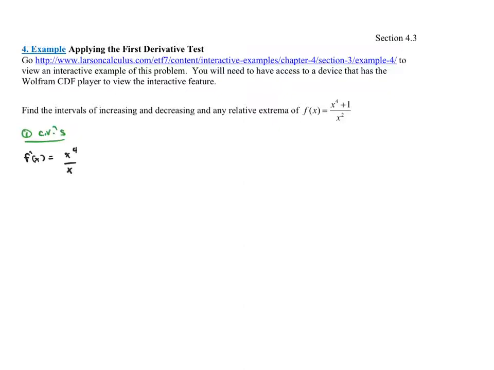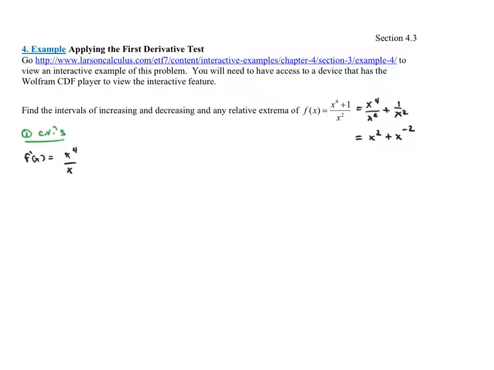I'm going to look at this as x to the fourth over x squared plus 1 over x squared. When I do that, I would end up with x squared plus x to the negative 2. So that's actually what I'm going to take the derivative of, so I don't need to use the quotient rule on this one. Kind of cheating, definitely not what they do in the textbook, but hey, if it works, use it, I guess, right?